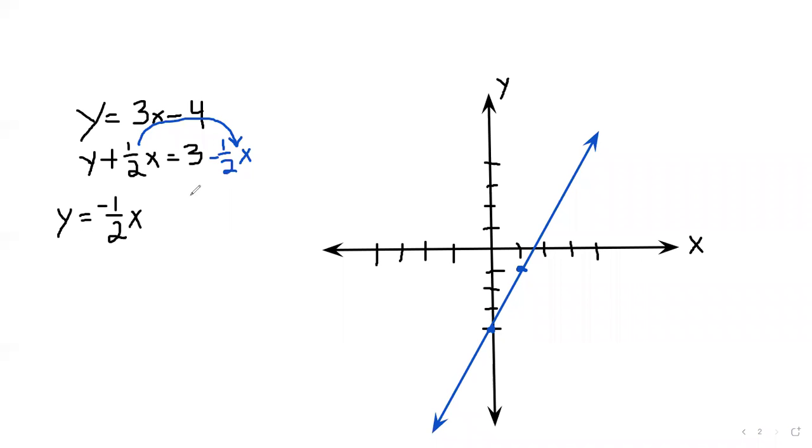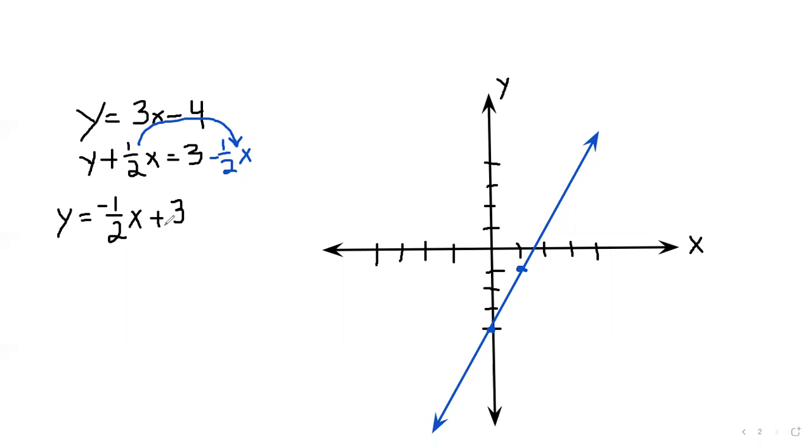And the 3 is going to be the caboose now, but it's a +3. Now we have our equation. We just switched it around a little bit and made it look like that y equals mx plus b form. So we have y equals -1/2 x plus 3.